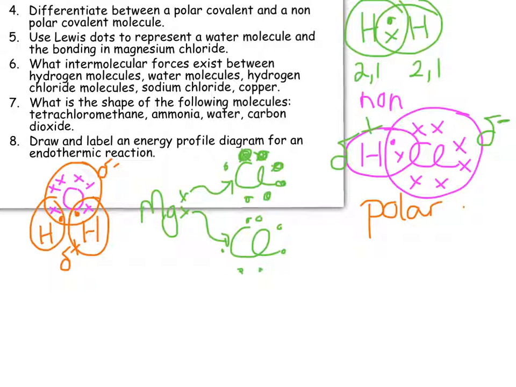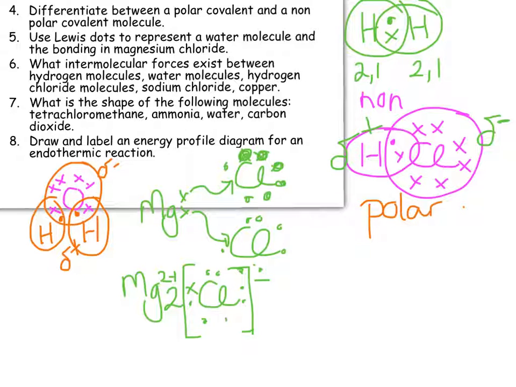And then I am going to write Mg is now short of 2 electrons, so it's 2 plus. The chlorines have each gained an additional electron, so they now have a negative charge, and there are 2 of those chloride ions.